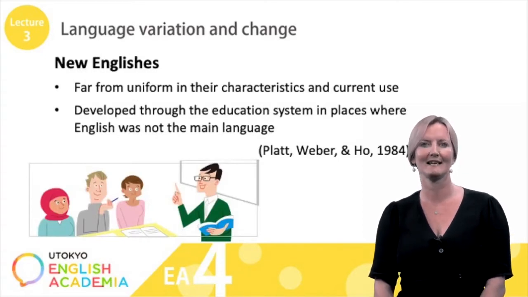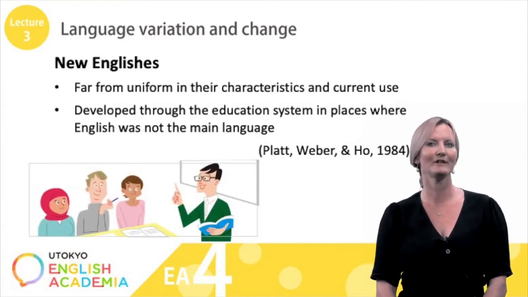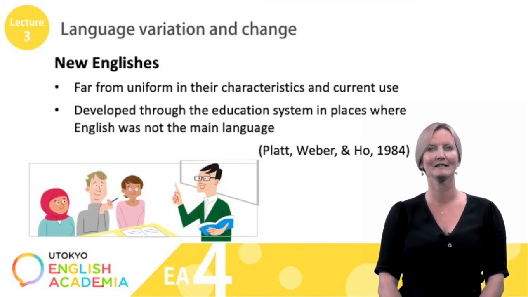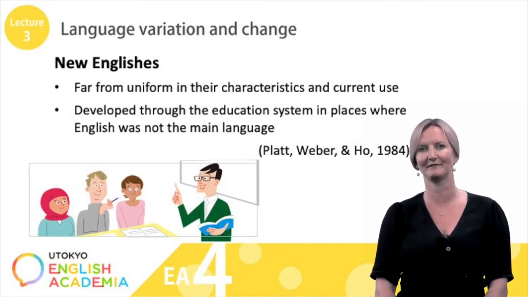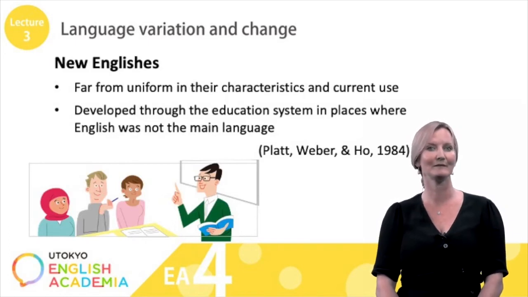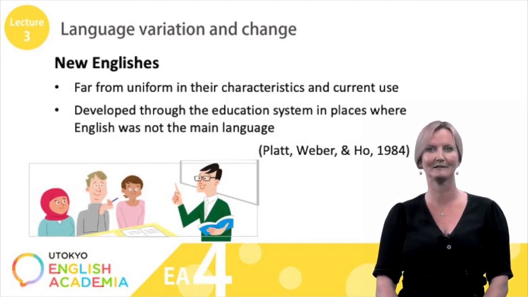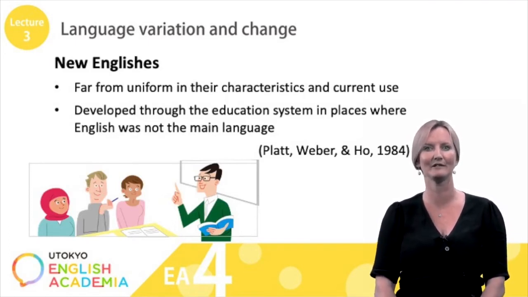According to Pratt et al., these new Englishes are far from uniform in their characteristics and current use, but they do share certain features. They usually developed through the education system in places where English was not the main language.